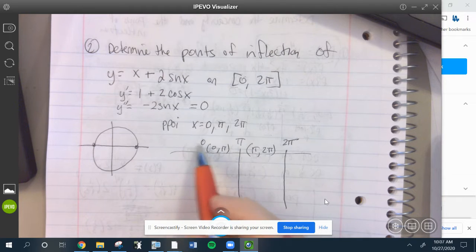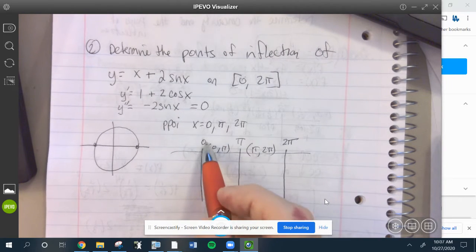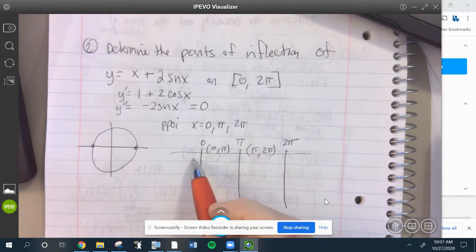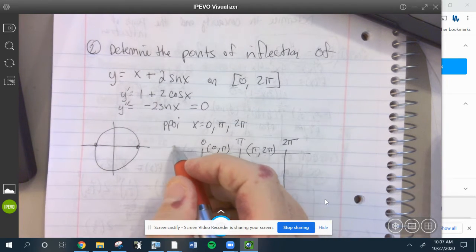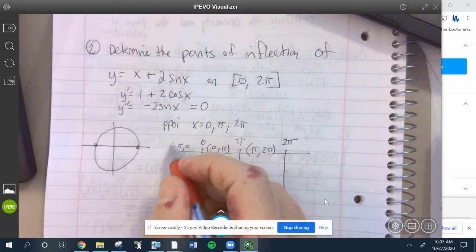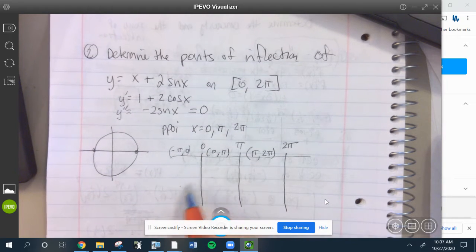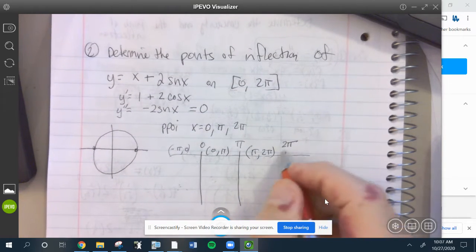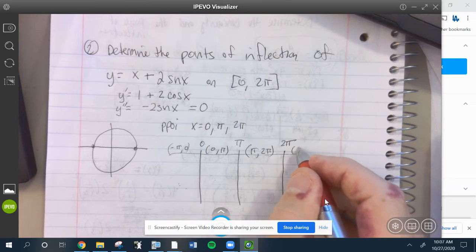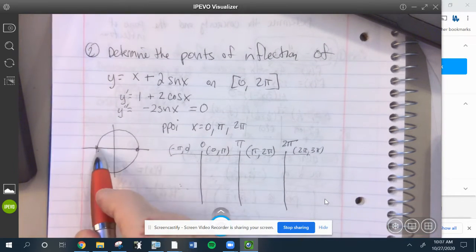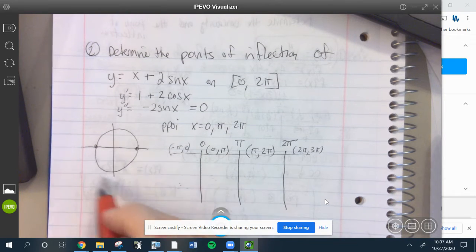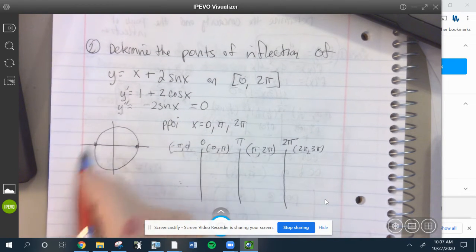We need to figure out if it changes here, and it possibly will change here. So I am going to go maybe from negative pi to 0 here, just to see if it changes. And here I'm going to go one more pi, so 2 pi to 3 pi, just because it has a possible point of inflection at every single pi.